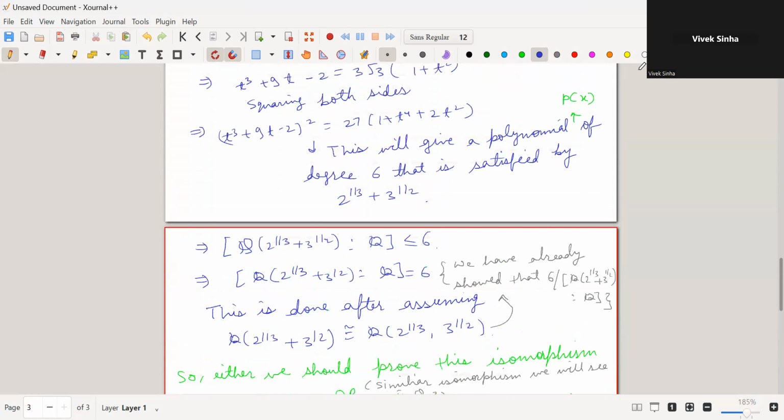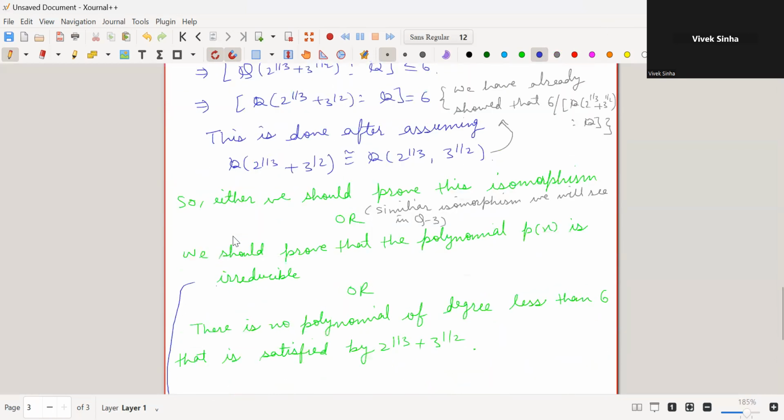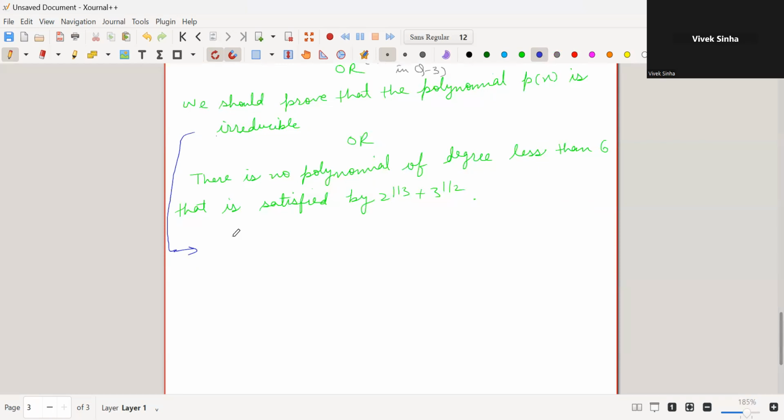So what is the polynomial? This is (t^3 + 9t - 2)^2. So we have to expand it.